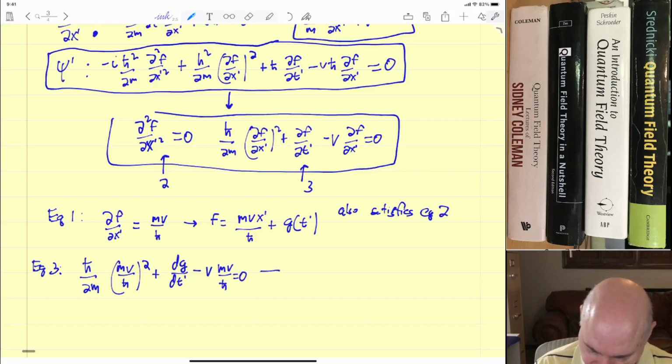So this is equivalent to the derivative of g with respect to t prime is equal to, this is a minus mv squared over h bar, and this is a plus mv squared over h bar over 2. So this ends up being minus 1/2 mv squared over h bar, and when we put it on the other side, it becomes a plus. So this becomes mv squared over 2h bar.